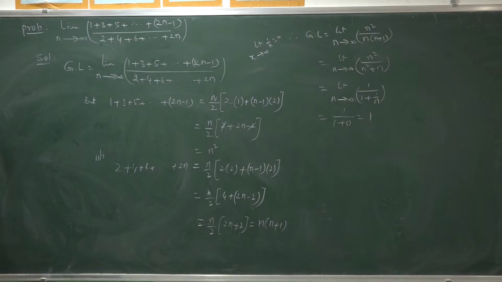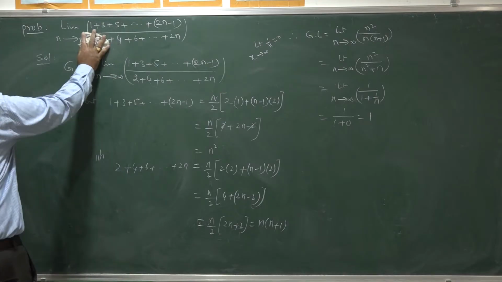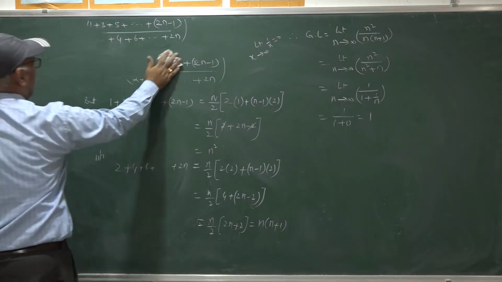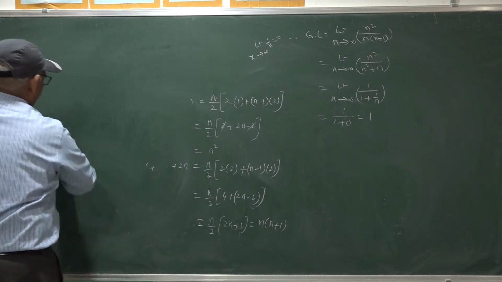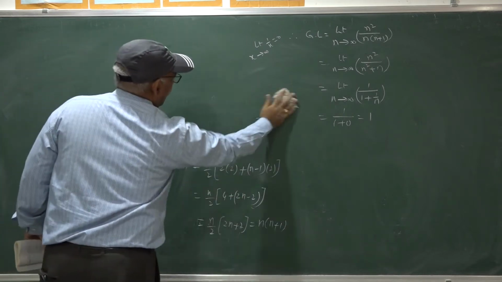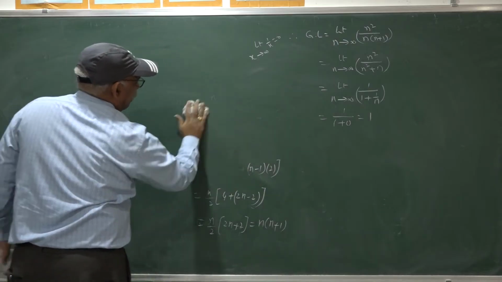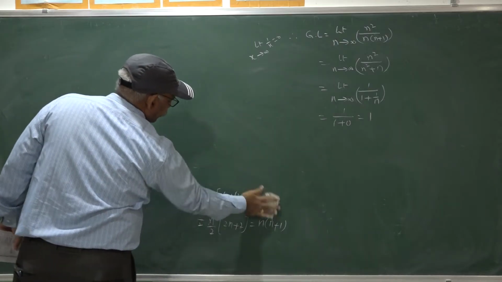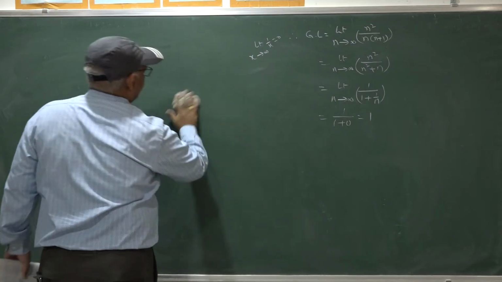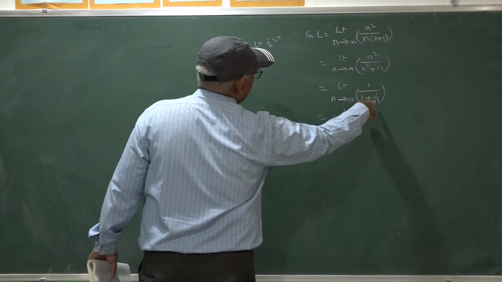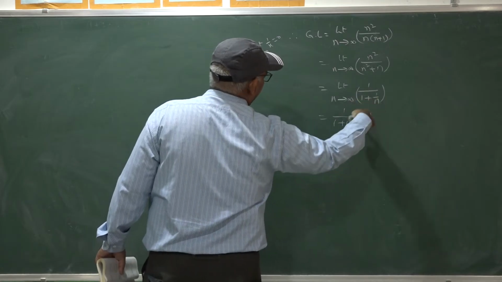So the required limit is 1, based on limit as x goes to infinity, 1 by x goes to 0. Based on that, this 1 by n goes to 0, so 1 by 1 plus 0 is 1.